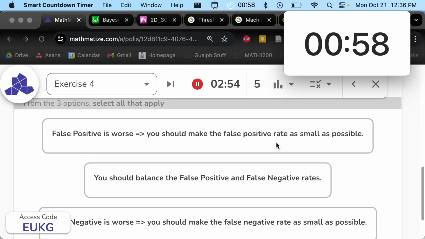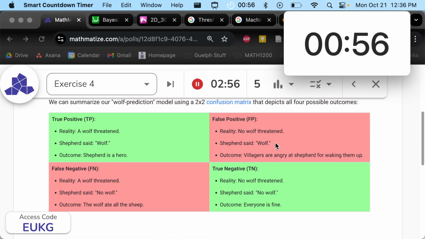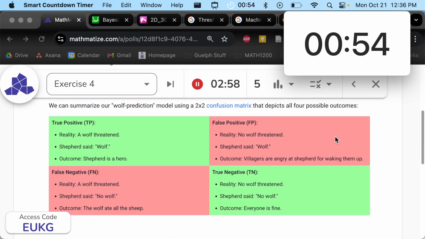And I can bring up this little matrix over here. That's right, yeah.